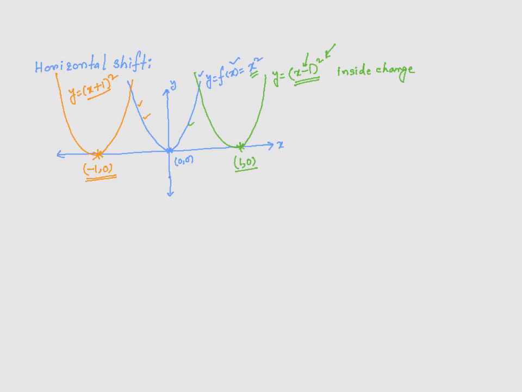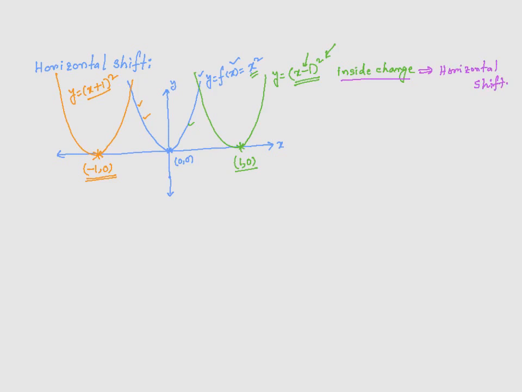Once again, let me remind you, when the change is inside for a function, an inside change, the move is going to be either to the right or to the left. The shift is a horizontal shift. Inside change implies horizontal shift. So please keep that in mind.